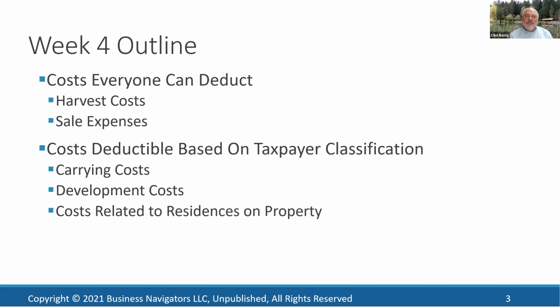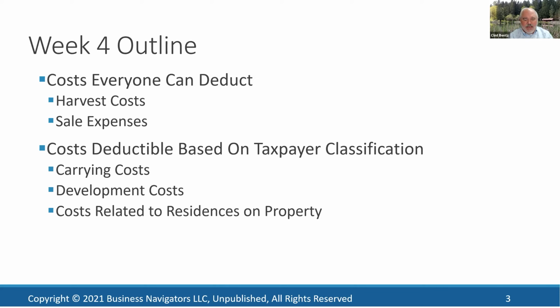Today, we've broken this class into basically 3 parts. The first part is costs that everyone can deduct, no matter what type of taxpayer you are, what your classification is. Those are going to be our harvest costs and our sale expenses. Everybody can deduct those. Then we're talking about costs deductible based on how you're classified. Those are your carrying costs, your development costs, and costs related to the residences on the property.